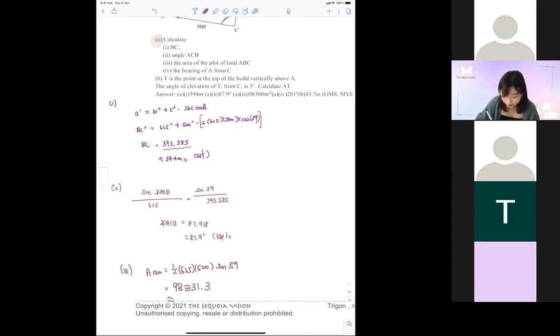Always round off to 3SF. So 98300. This is in meters, so meter squared, 3SF.